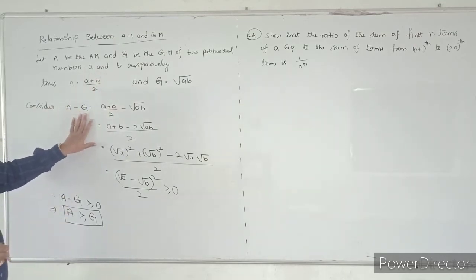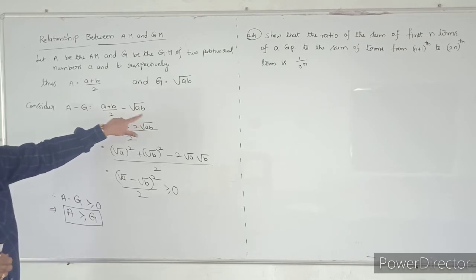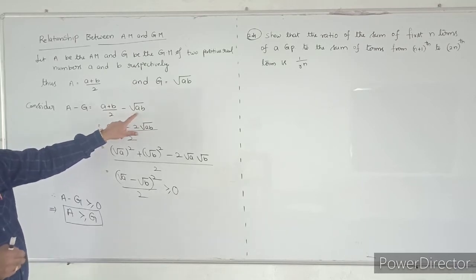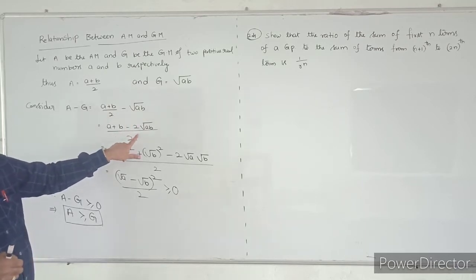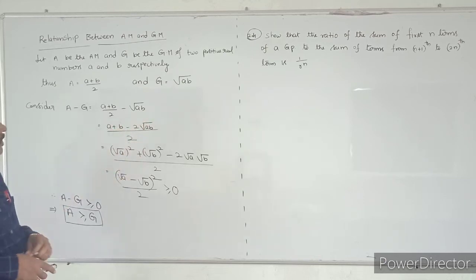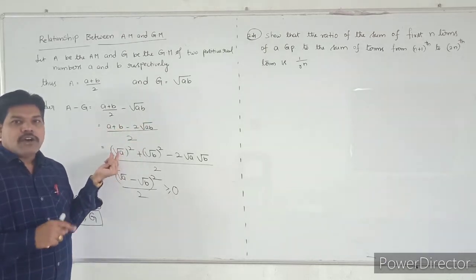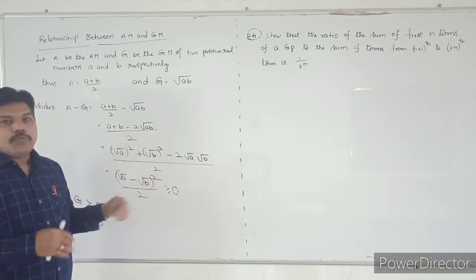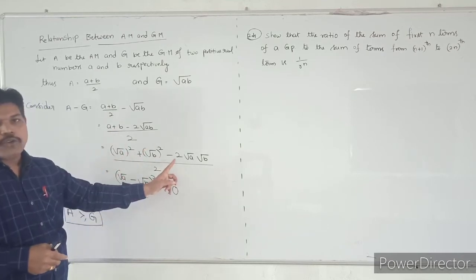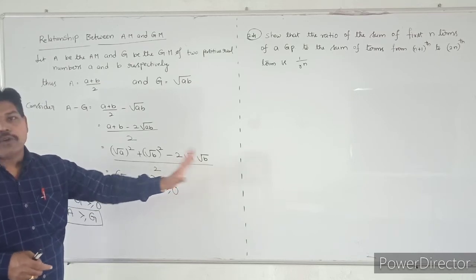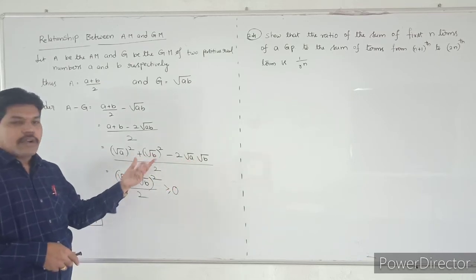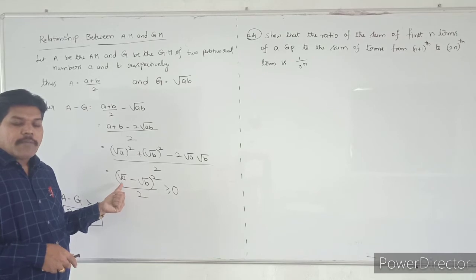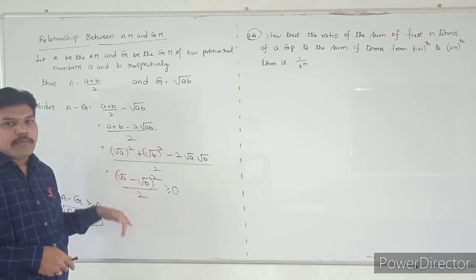So A minus G is equal to the A minus G value. Take the 2 LCM first: (a plus b minus 2 root ab) by 2. This a you can write as (root a) whole square, and this b as (root b) whole square, minus 2 into root a into root b. So it is nothing but (root a minus root b) whole square by 2.